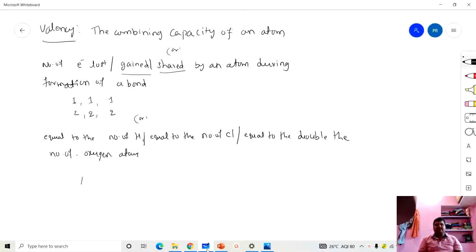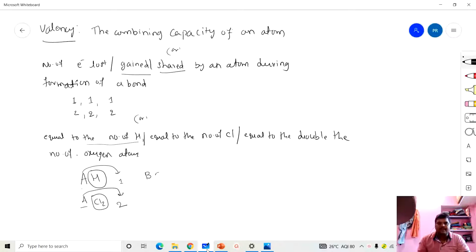For example, AH, with respect to the H, the valency of A is 1. So it is equal to the number of hydrogen atoms. If one atom combines with one hydrogen atom, its valency is 1. If ACl2, equal to the number of chlorine atoms, with respect to chlorine the valency of A is 2.